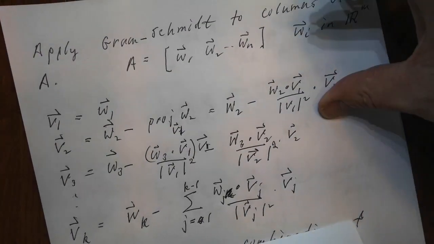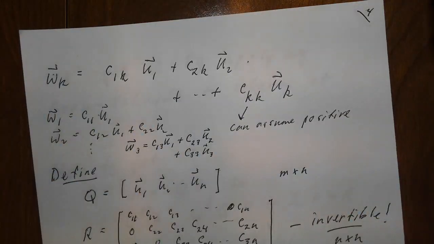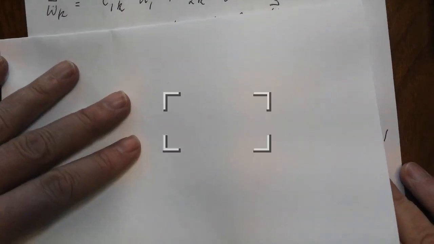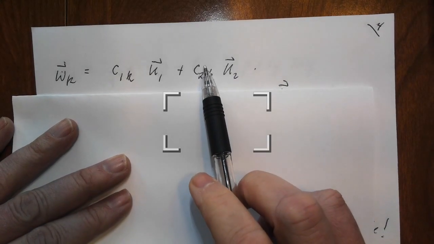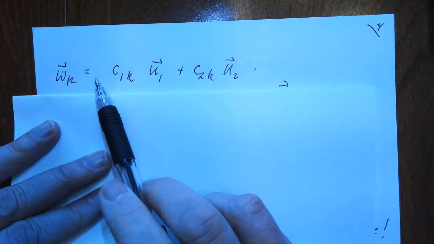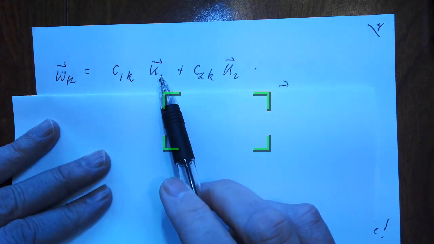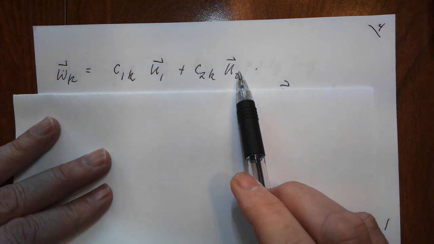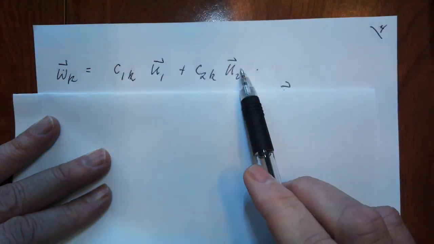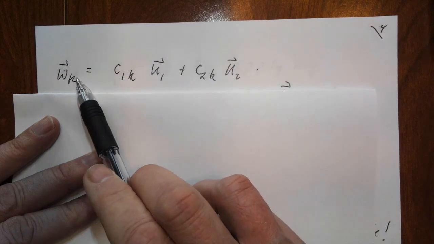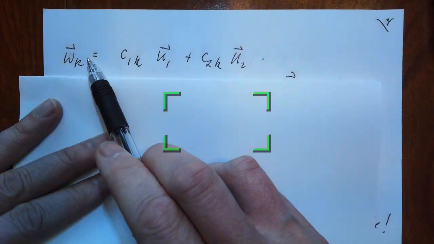So we can express that a little more compactly by introducing constants for weights. Wk is going to be a constant times u1 plus a constant times u2, and so on. I'm going to use a 1 here to correspond to u1 and u2, and a k here to correspond to the fact that I'm looking at W sub k.